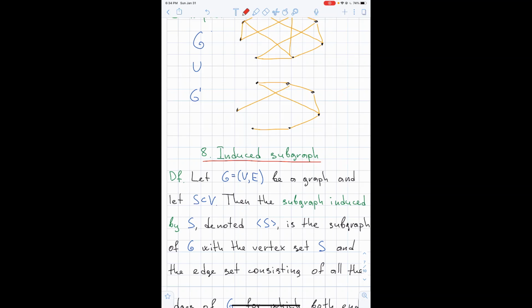In other words, we can do it in the following way. Let's say that we have a set S of vertices, a subset of the set of vertices.